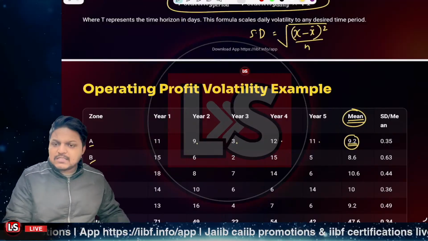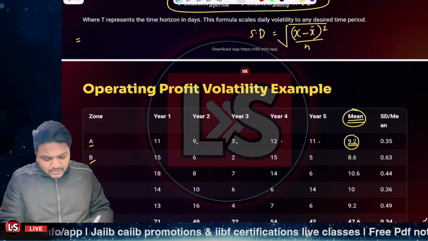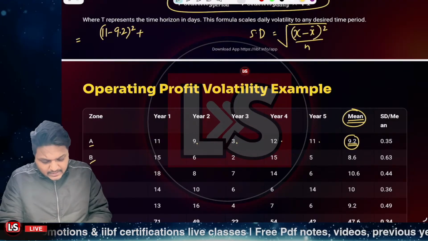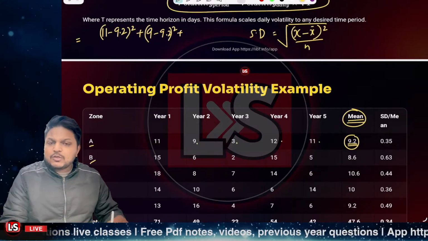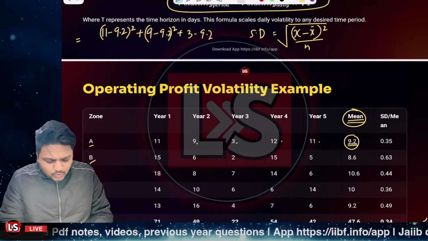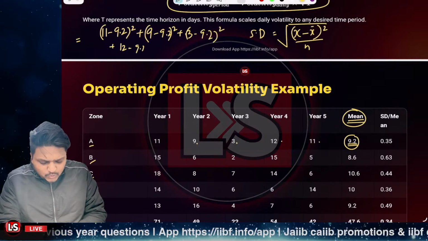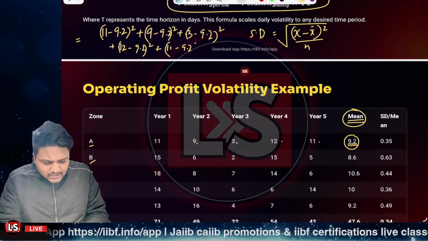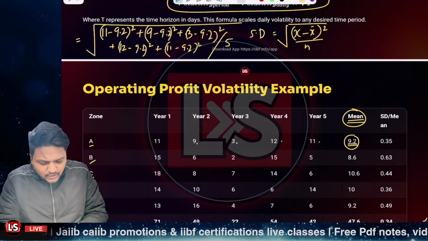The first term is 11, so (11 minus 9.2) squared plus (9 minus 9.2) squared. Because it is squared, no term will be negative. Other terms: (3 minus 9.2) squared plus (12 minus 9.2) squared plus (11 minus 9.2) squared. These are the 5 terms, divided by the number of terms, that is 5, and under the square root.